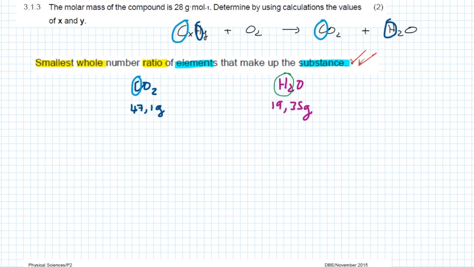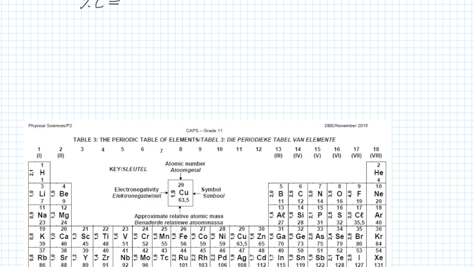What I'm going to do is start off by determining the percentage of carbon in carbon dioxide and the percentage of hydrogen in water. So I'm going to start off by determining percentage composition. The percentage of carbon in CO2 is going to equal the atomic mass of carbon, which is given as 12.